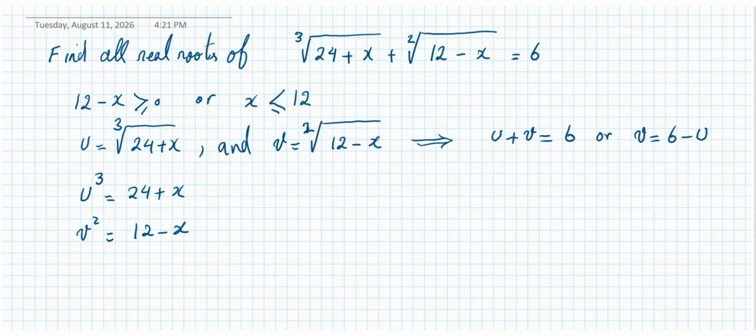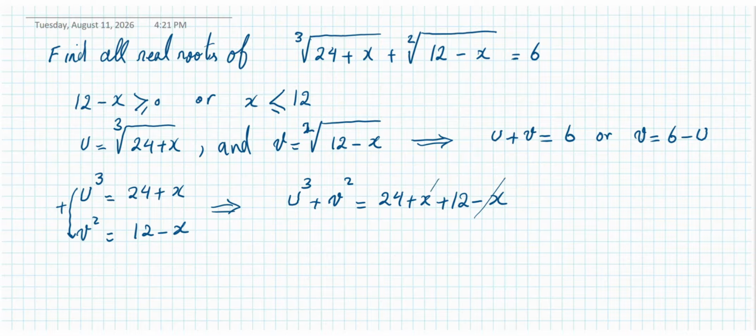So we add these two relationships together, and we find that u cubed plus v squared is equal to 24 plus x plus 12 minus x. And here x is going to cancel, and we find u cubed plus v squared is 36.